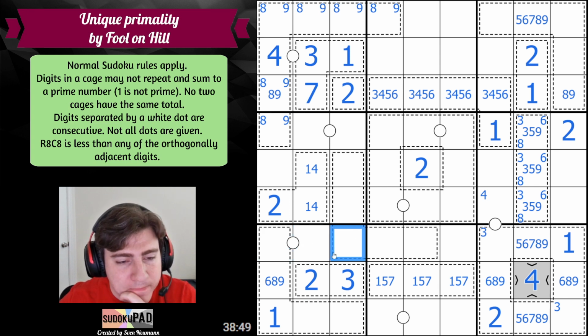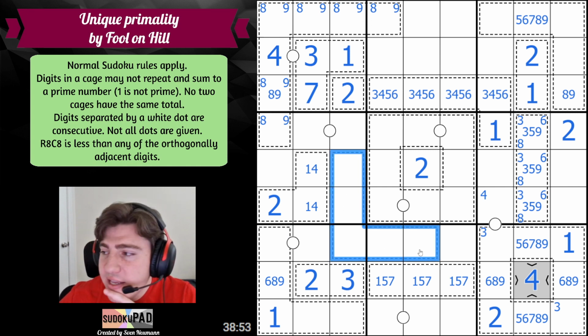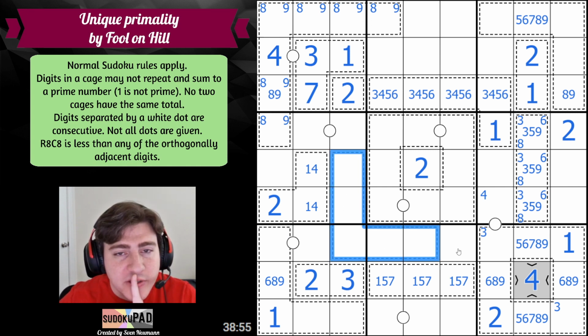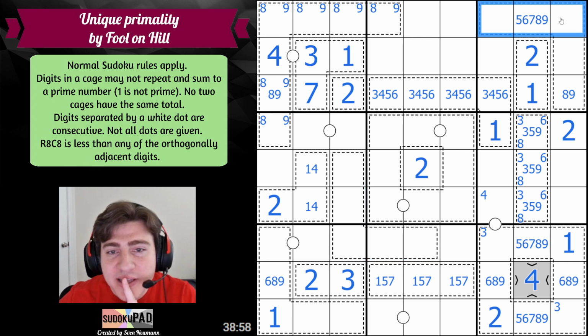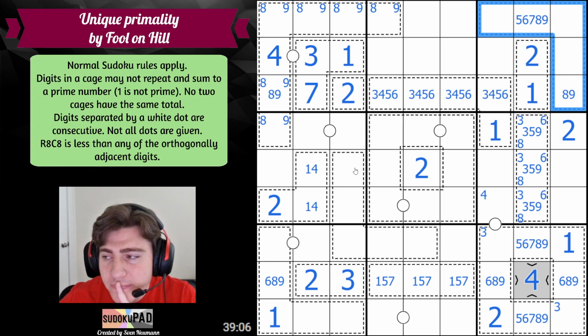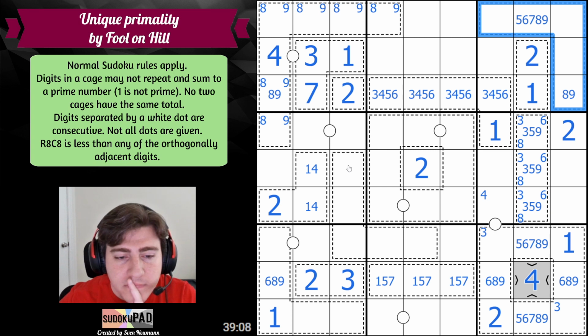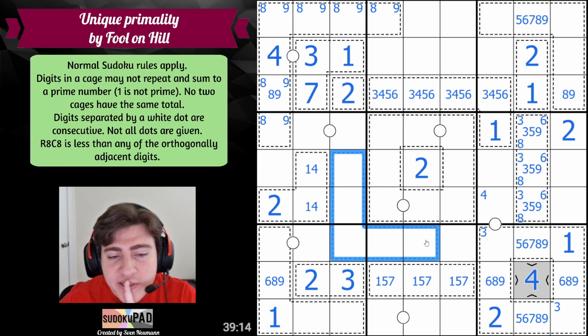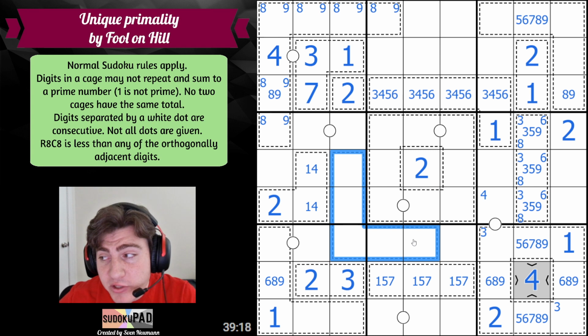This would be 9. 9 is required for the 31 cage, so this could be the 31 cage, and this needs to be at least 25, so this could be the 29 cage. Otherwise, unless I've done something wrong with my math, this still has the option to be the 23 cage.